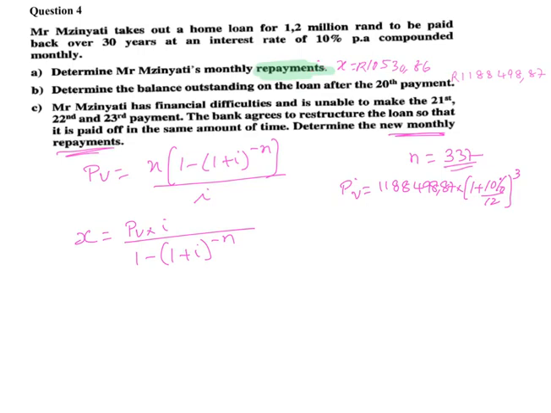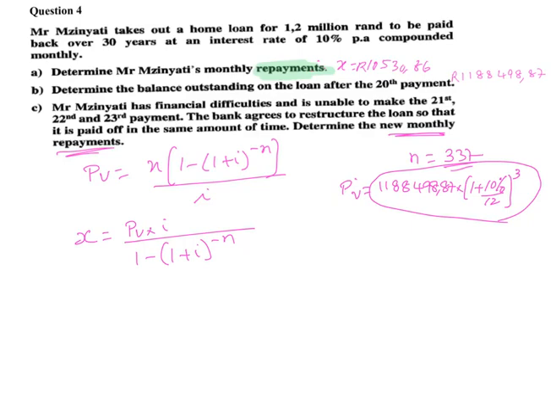Compound interest is applied for 3 months. It is the bank's decision to apply interest. Some banks may apply only simple interest, some discounted interest, but here nothing is mentioned. Therefore, the bank will apply compound interest for 3 months.